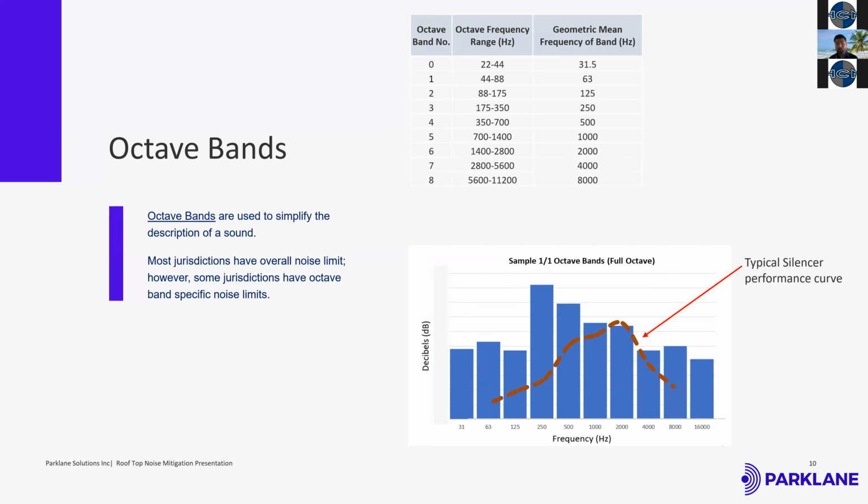It could be an unconventional method of mitigation. It won't be a silencer. Same thing with a very high frequency. It could be a silencer, but a different style of silencer. So that's why it's so important that we know what the noise levels are at different octave bands.